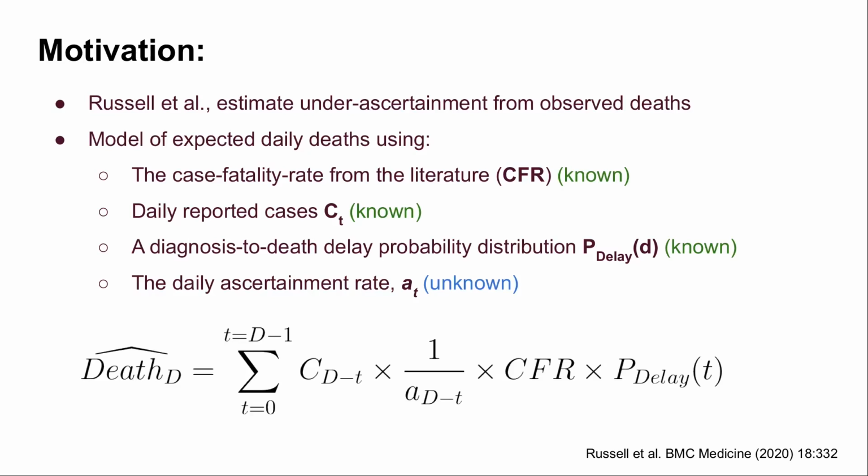For this, they employ a model of expected daily deaths using the case fatality rate from the literature, CFR, which is a known quantity in the model, the daily reported cases at each day t, which we refer to as C sub t, which is also a known quantity in the model obtained from observed data, a diagnosis to death delay probability distribution, P delay D, which indicates the probability that a delay D between diagnosis and death will occur in a fatal case, and finally the daily ascertainment rate, A sub t, which is the unknown quantity that we wish to estimate.